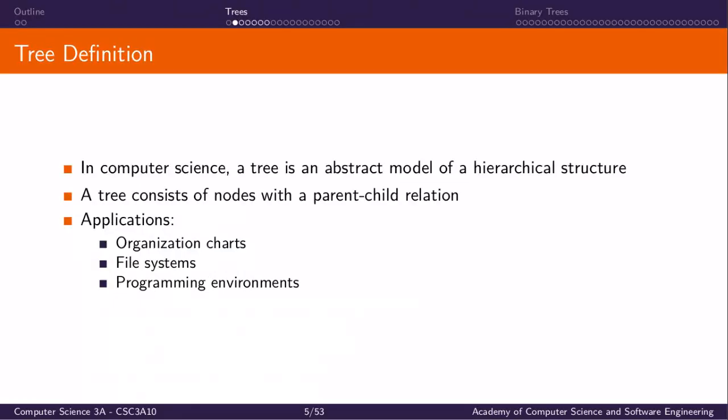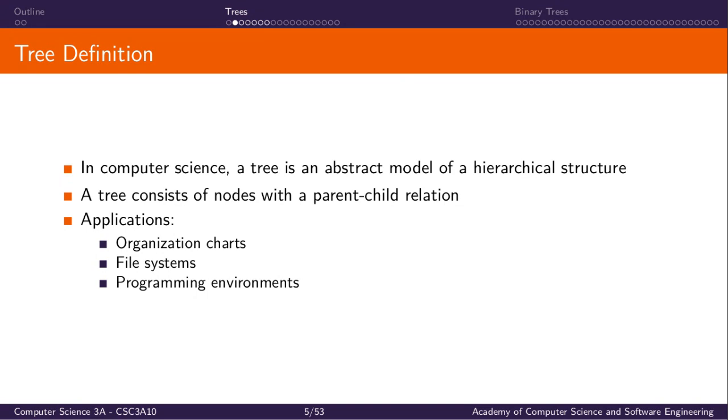Right. So a tree, you can think of it as like a top-down chart. It's an abstract model of a hierarchical structure. Think of hierarchical structures that we've discussed before. In Infos 2B, we talked about monolithic or hierarchically organized organizations, those that have that top-down control.